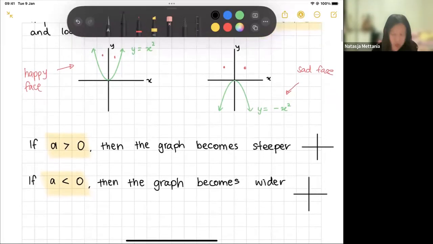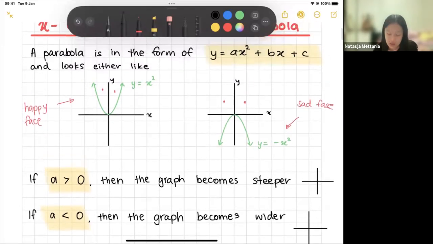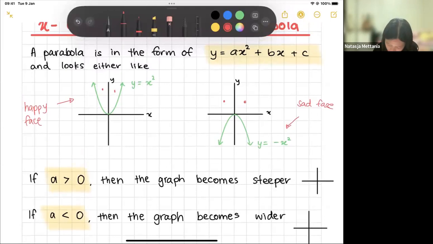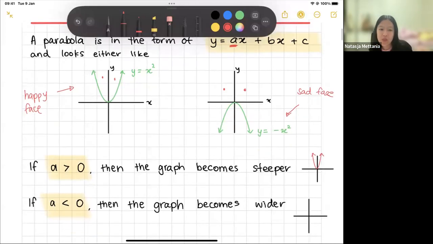Now, with these parabolas, when I talk about A, this A right here, if the A is greater than 0, the graph becomes steeper. So it becomes like this, closer to the y-axis but never reaching it.